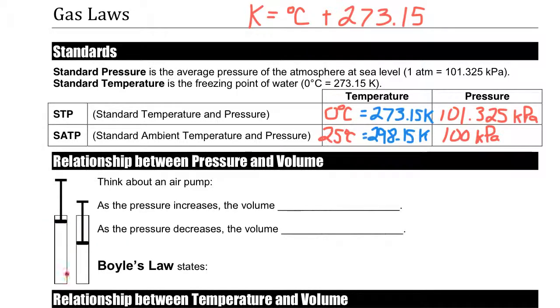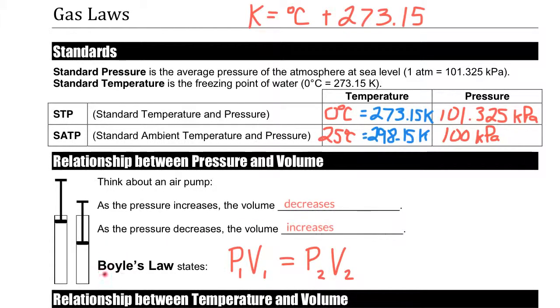You can see here the volume gets smaller. If you think about the gas particles inside the air pump, the volume that they're taking up decreases as the pressure increases. And the opposite relationship is true as well. If you decrease the pressure, the volume of the gas increases.